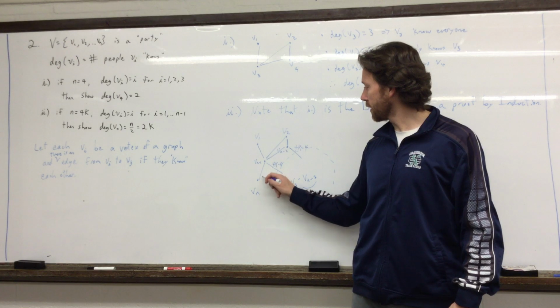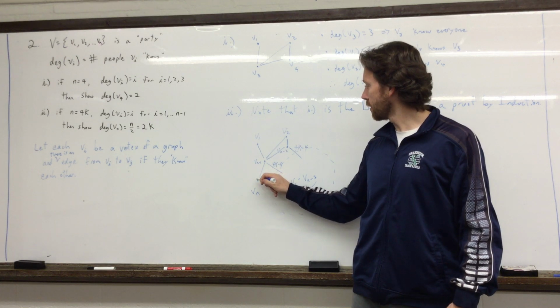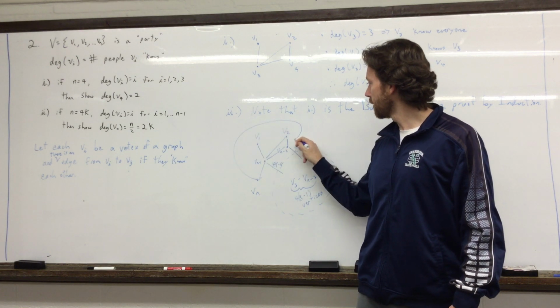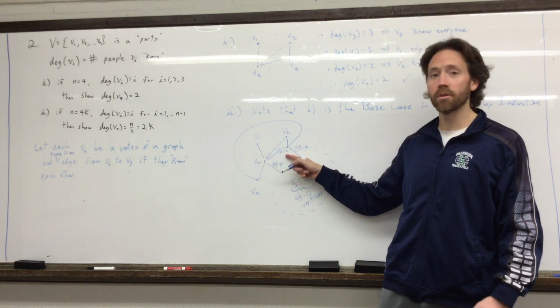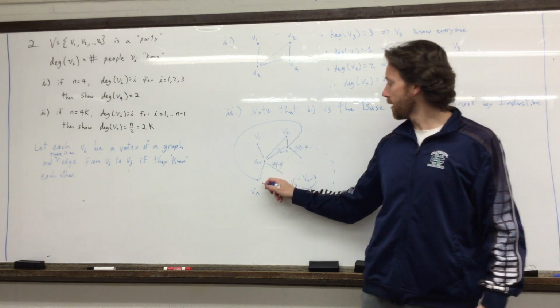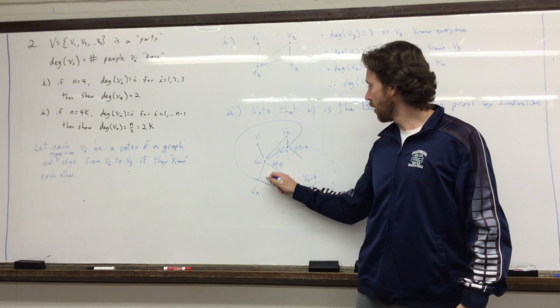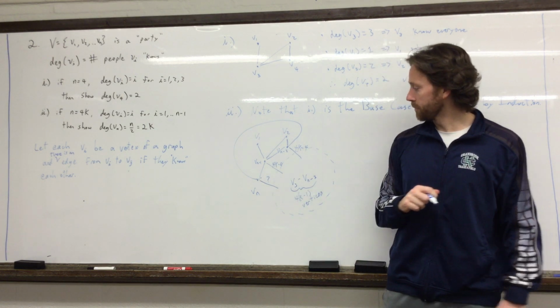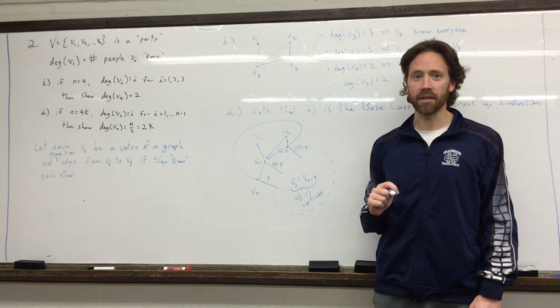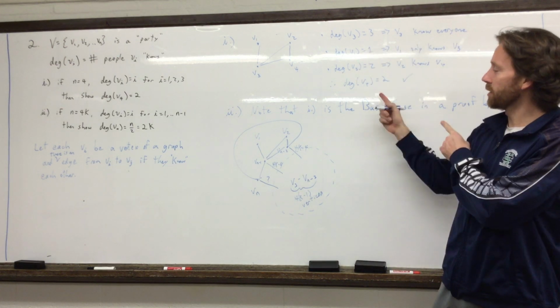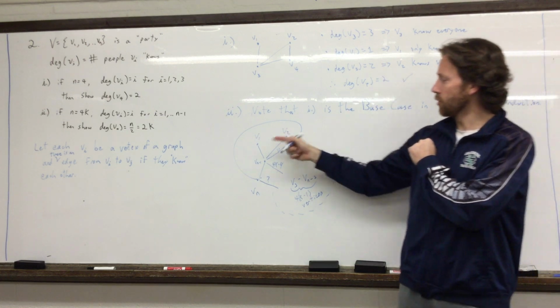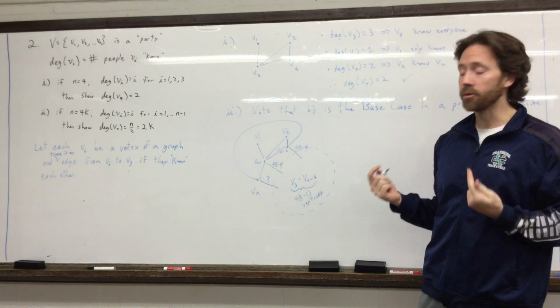Vn himself is still, draw it all the way outside. Vn himself is friends with Vn-2, because Vn-2 is friends with everyone except for V1. And Vn has an unknown number of connections with all these guys in here. So we basically repeated this logic to draw all of these lines, and now we're going to use the induction step.